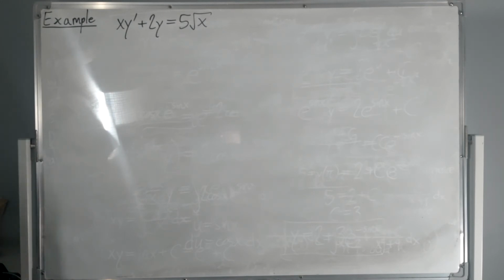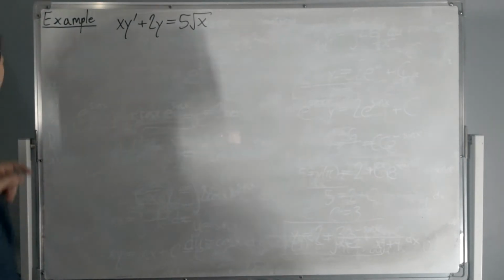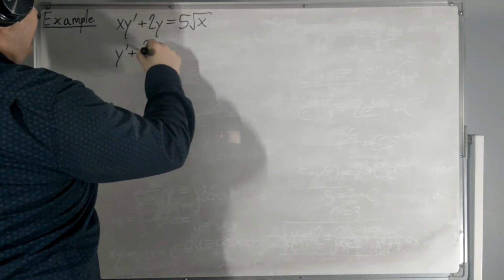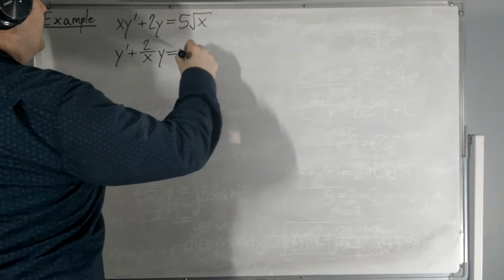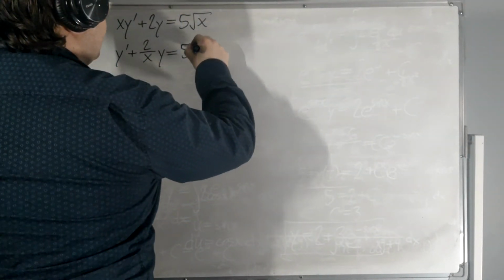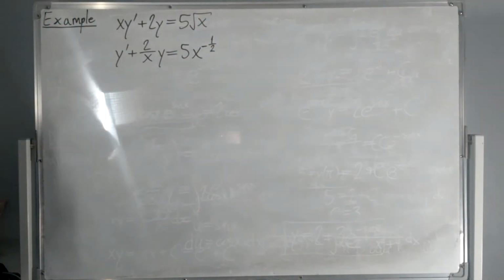It's not in standard form because 1 is not the coefficient of y prime. So you divide everything by x. We get y prime plus 2 over x, y, equals 5. X to the 1/2 divided by x is going to be x to the negative 1/2. And so that is our standard form.